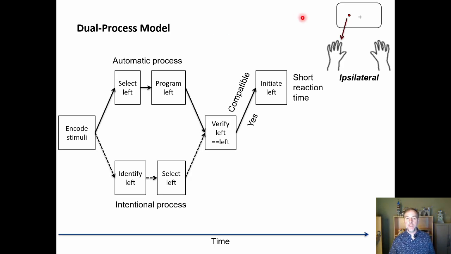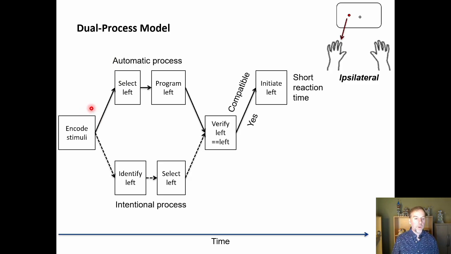So let's pretend we're doing ipsilateral mapping in 2-choice reaction time. And on this trial, it happens to be a left stimulus that requires a left response. So what happens during information processing within this dual process model?